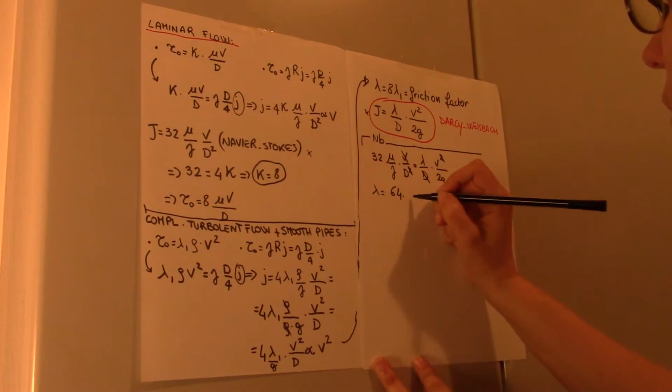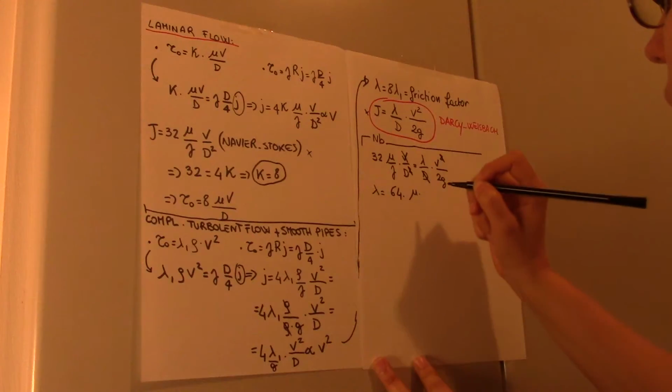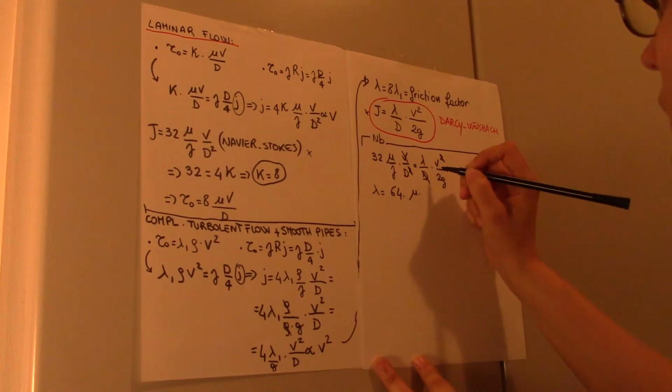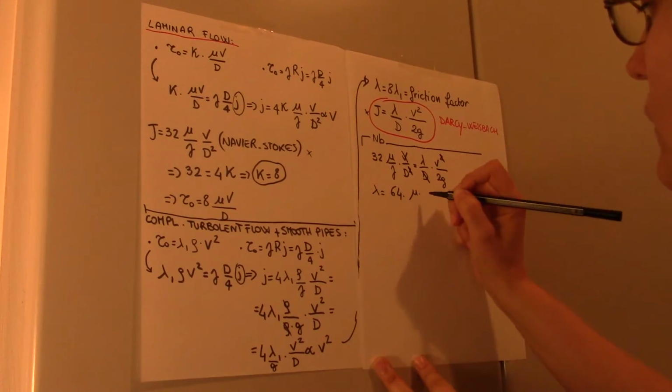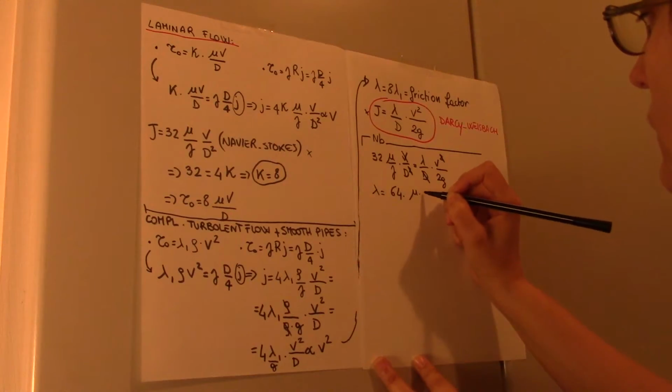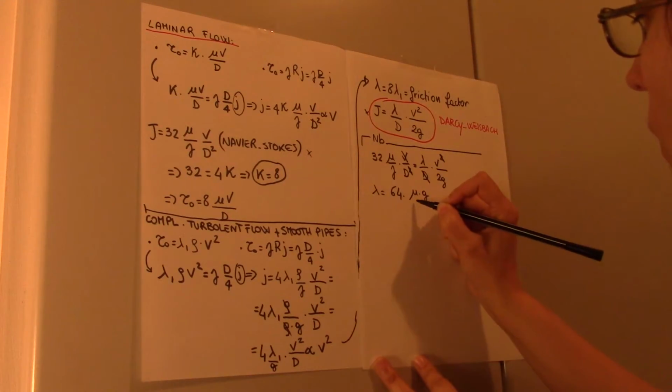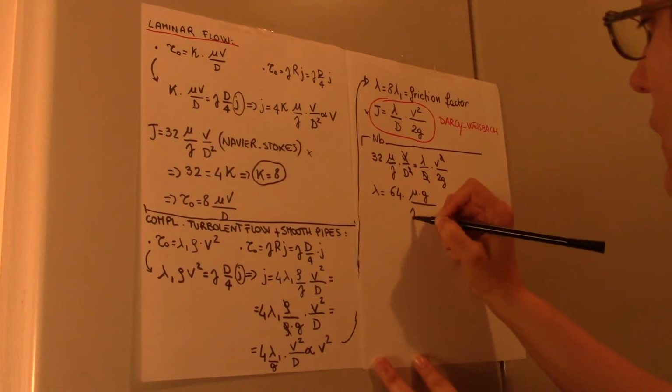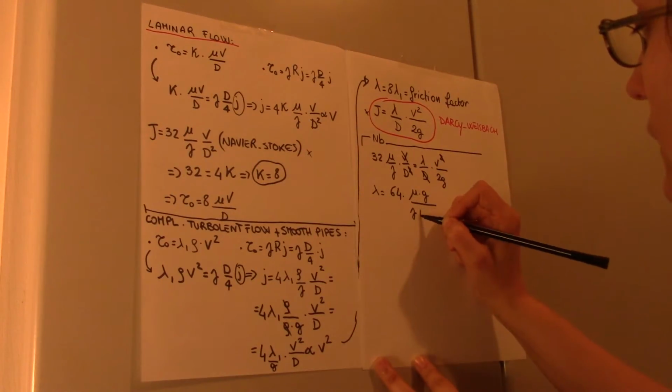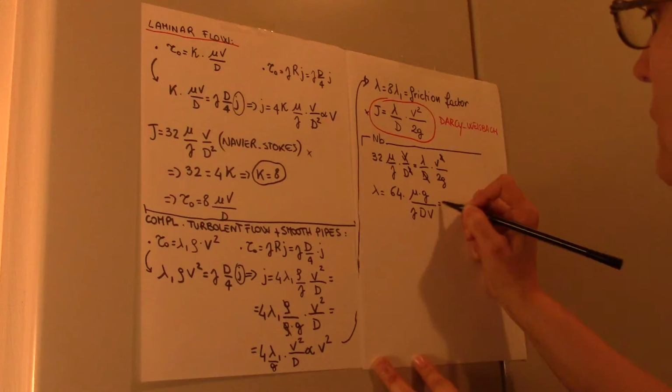Then it is mu times g over gamma d times v.